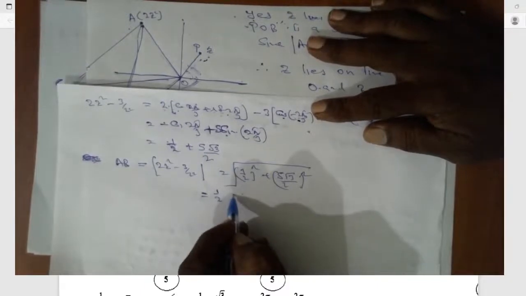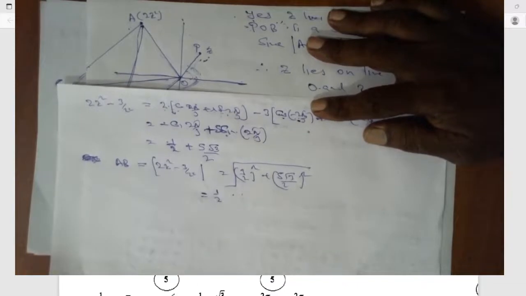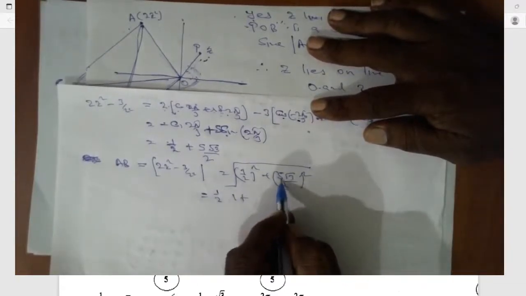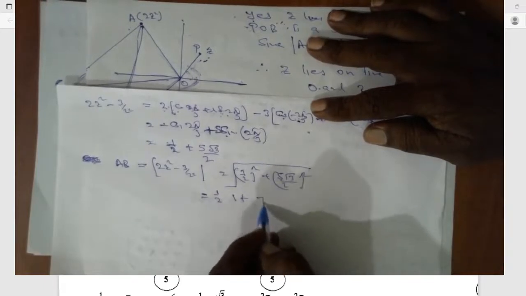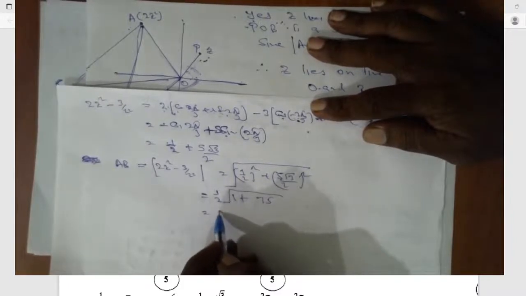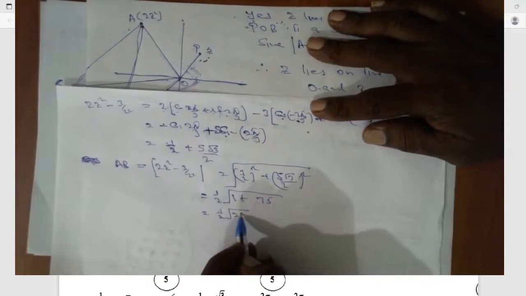This is 1 plus 25 into 3, square root, that is half into square root 76.